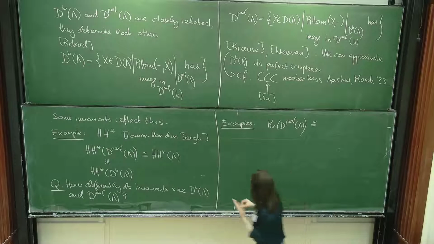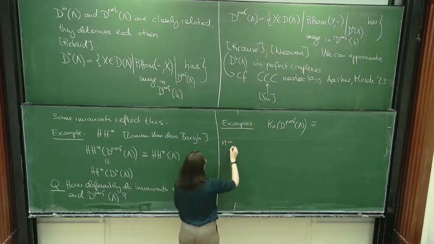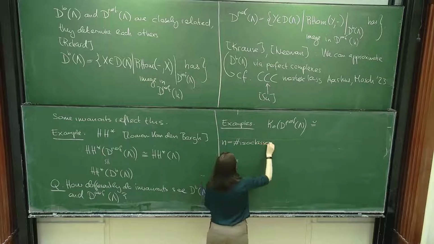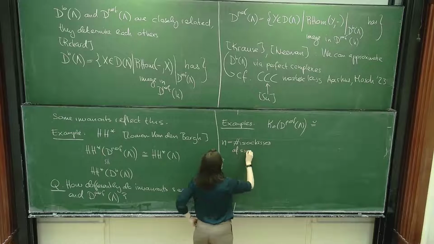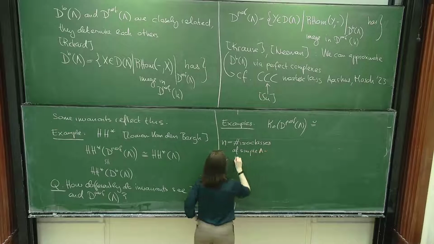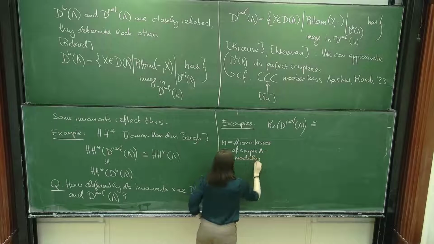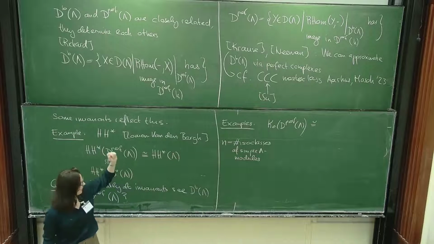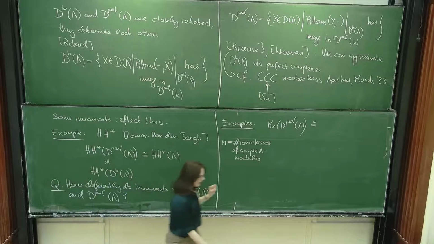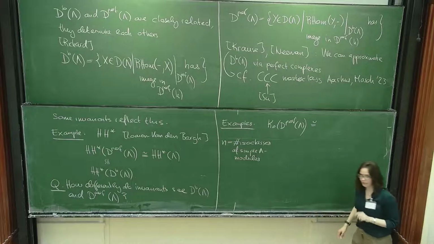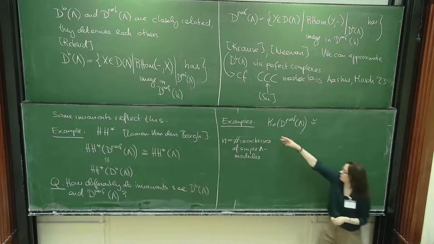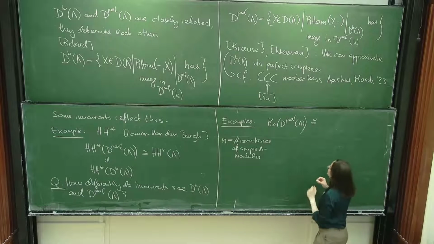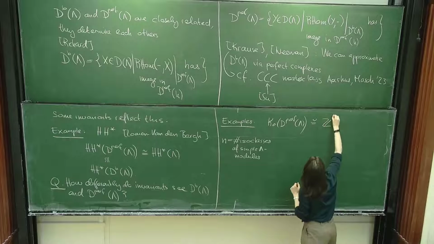Let's say n is the number of isoclasses of simple lambda modules, which coincides with the number of isoclasses of indecomposable projectives. Now, the indecomposable projectives generate the Grothendieck group, and they do that freely. So K0 of dperf is just Z^n.